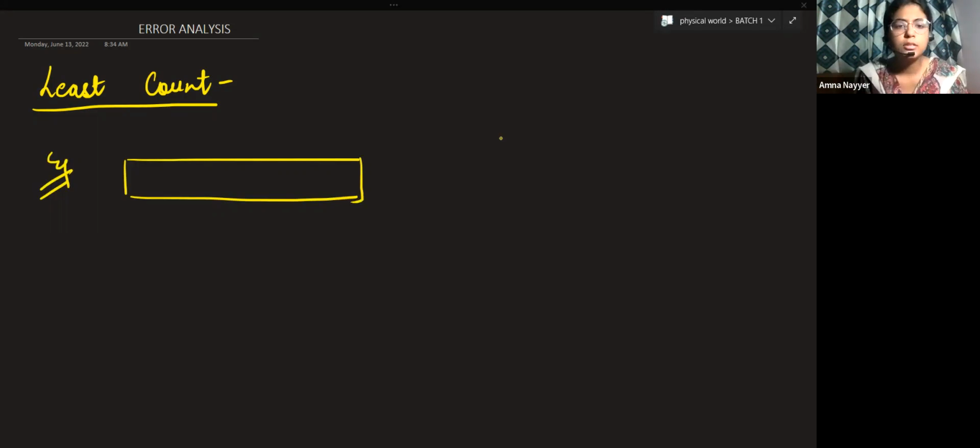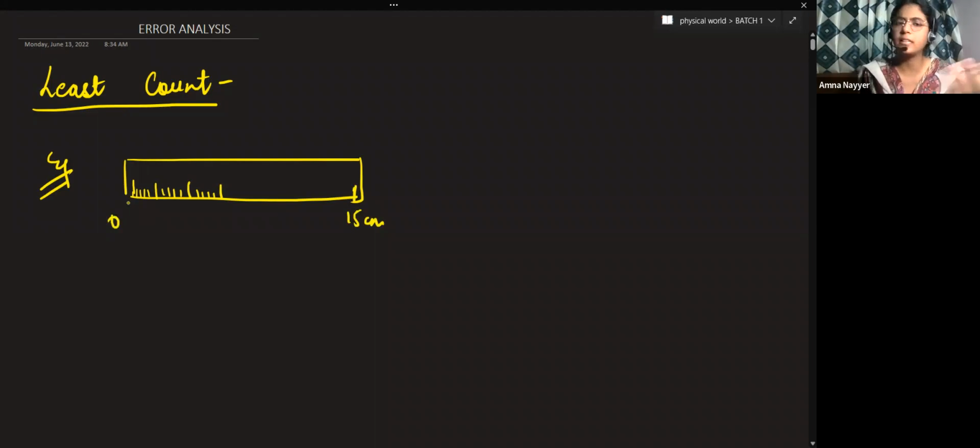There it has markings. From 0 it starts. Some lines are there, then you see a bigger line, then again smaller lines, then a bigger line. In this manner, the whole scale is calibrated till the end. Let's say this point is 15 centimeters.